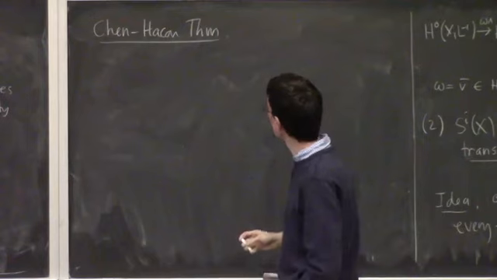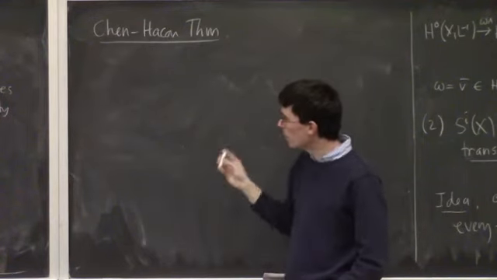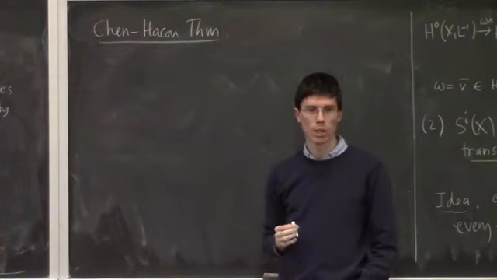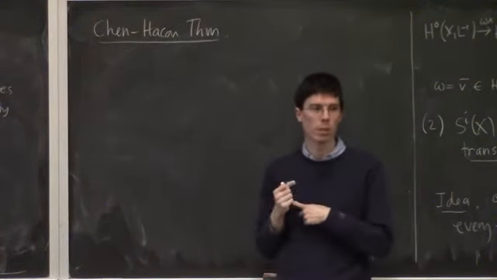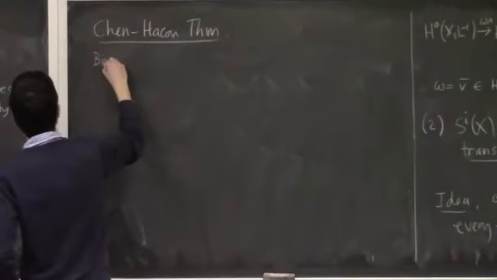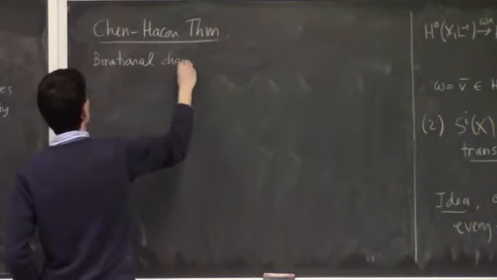What this theorem does is it characterizes abelian varieties among all possible projective varieties, up to birational equivalence. So this is the birational characterization.